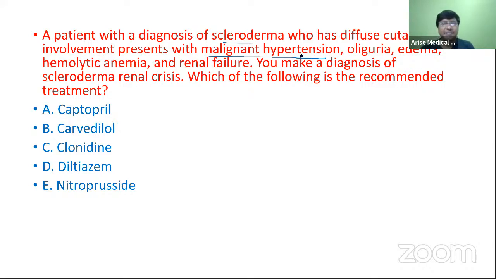You have made a diagnosis of scleroderma renal crisis. Which one of the following is the recommended treatment in this patient? Captopril, carvedilol, clonidine, diltiazem, nitroprusside. So what do you want to give in this patient?